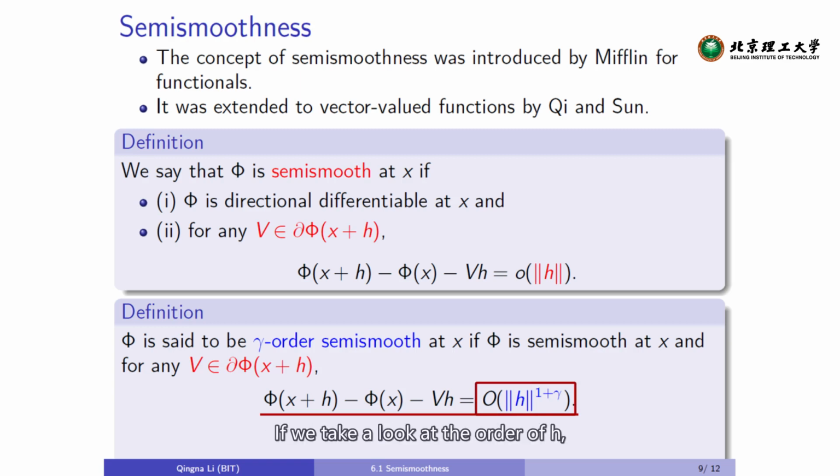The left-hand side can be written as the same order as the norm of h to the power of 1 plus gamma. Here gamma is a positive number. So this is called gamma-order semi-smoothness.